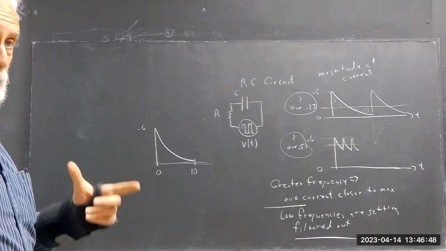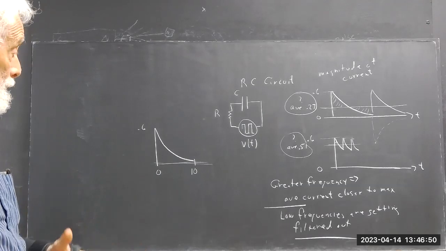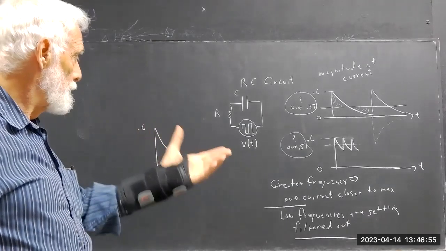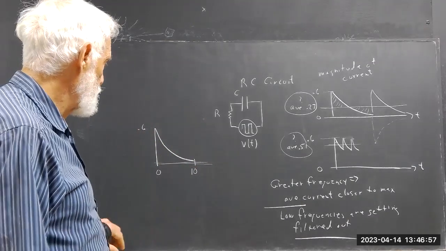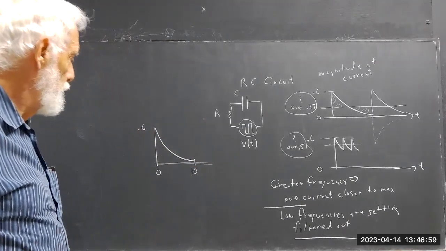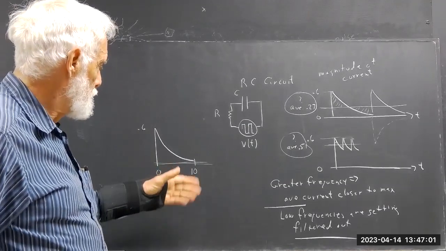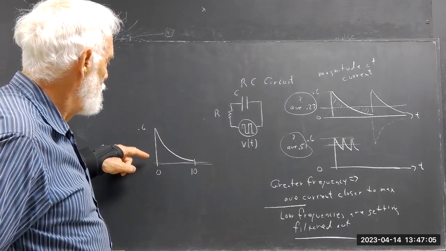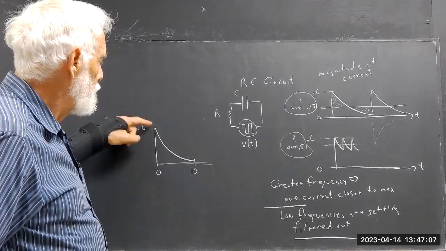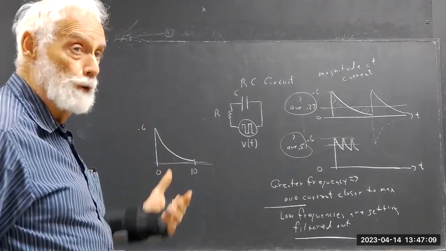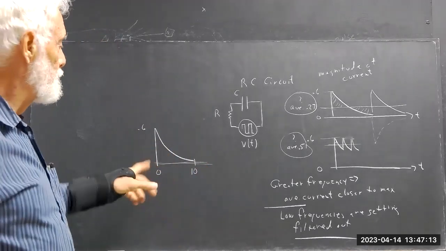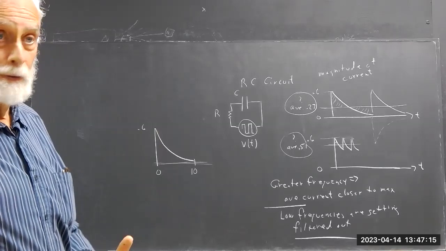There's various ways you can do it. But what I want you to do is pick a point out here where you think you have a fairly significant change in time, but you can read the current with pretty good accuracy. And where both the time and the current have significant changes, okay?